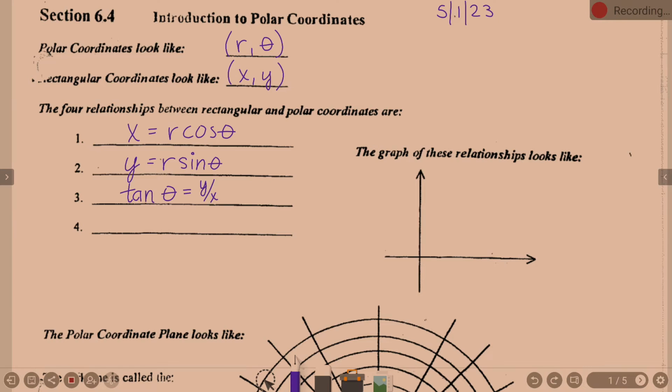And again, that should kind of make sense because y divided by x would be sine divided by cosine. Tangent is sine divided by cosine. And then our other piece is that r squared equals x squared plus y squared, which should definitely sound familiar, right? Yes. All of these are really connecting things that we already know.